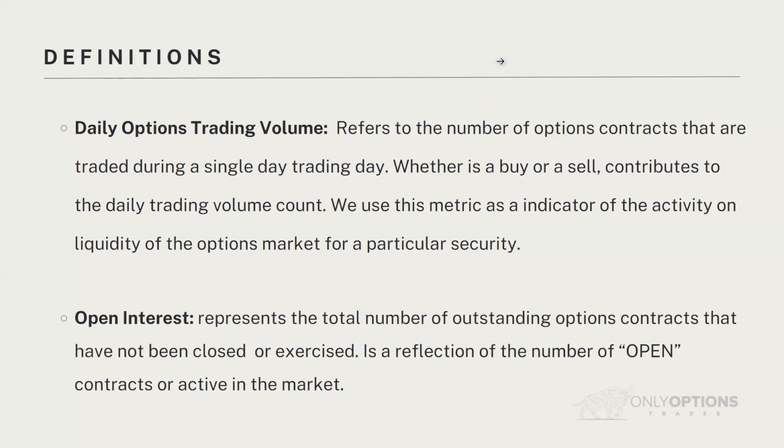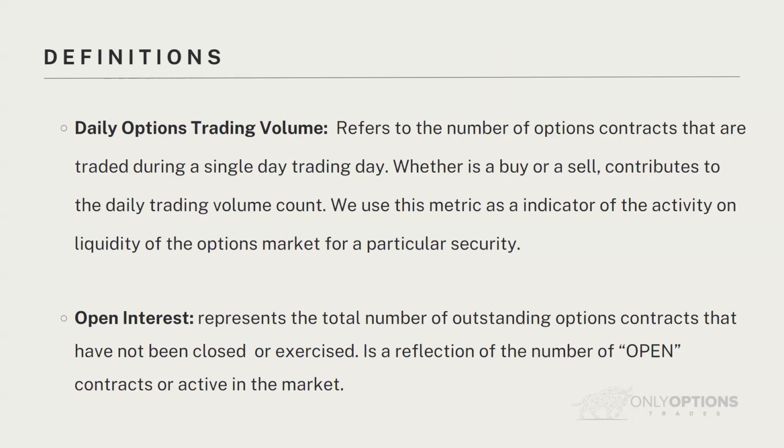So guys, trading volume. Every time we jump into the option chain, we have different information, and we'll go there. But the simplest information that I like to have is trade volume and open interest. Volume is how many option contracts are traded during a single day, and it resets daily.